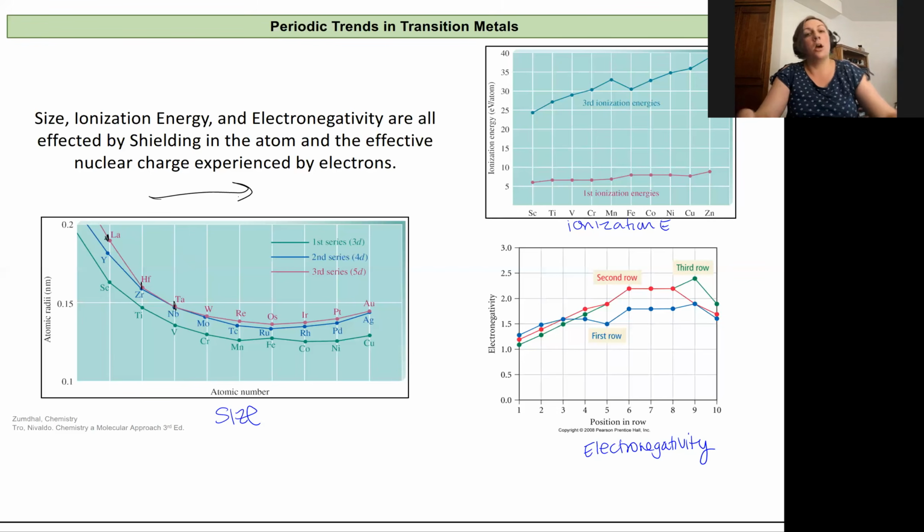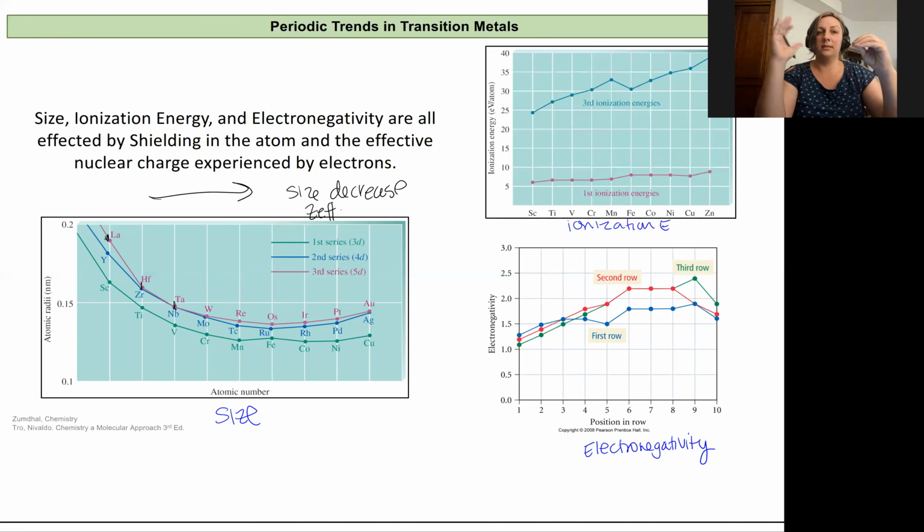This fits our general trend of seeing size decrease as Z effective, the effective nuclear charge that electrons on the outer shell are experiencing, increases. And it's increasing with a greater number of protons.